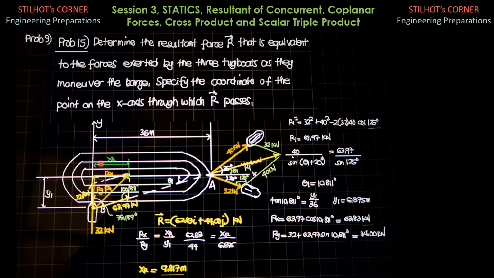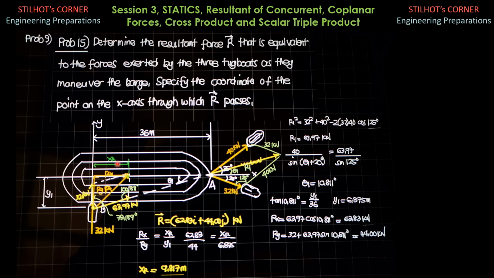Then for this distance, I'll call that XR. So supposedly the tangent of this angle is XR over Y1. In terms of the components, it is equal to Rx over Ry. So I'll use that ratio. So Rx to Ry is the same as the angle here.